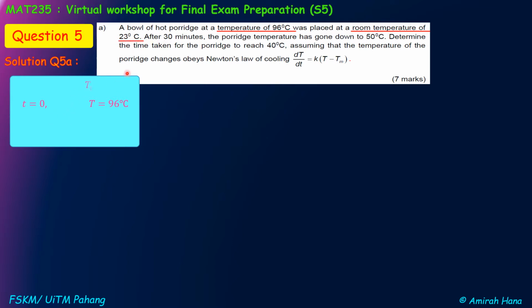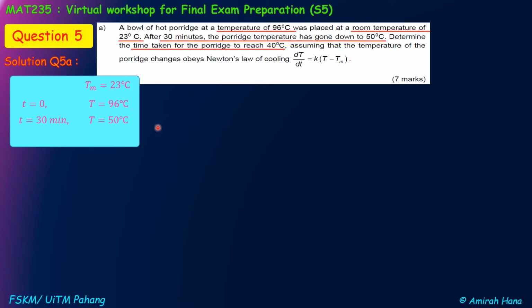After 30 minutes, the porridge temperature has gone down to 50 degrees Celsius, so we write time t equals 30 minutes, temperature equals 50 degrees Celsius.